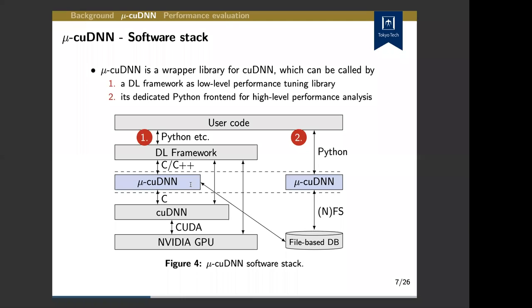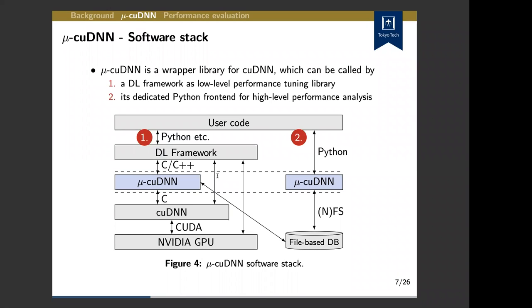So we create μ-cuDNN as a C++ wrapper and insert it between a framework and cuDNN. So μ-cuDNN overrides some cuDNN functions like convolution operations to perform auto-tuning, which is shown as number 1 in this figure.